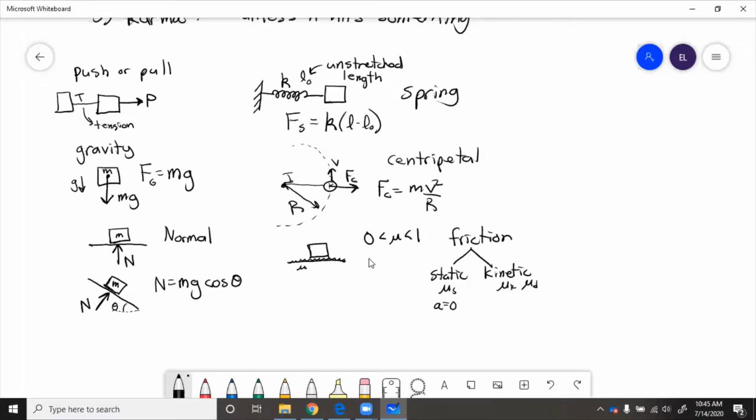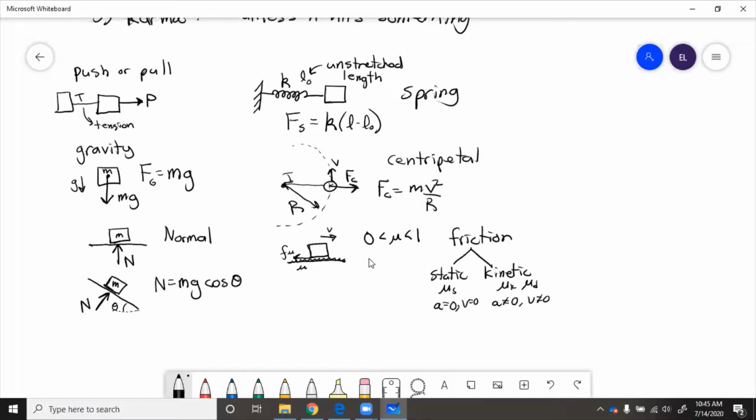For kinetic, the object is moving and acceleration does not equal 0. The friction force opposes the motion. So let's say velocity is going this way. The friction force is going to go against it.